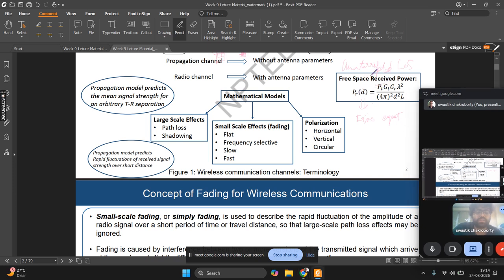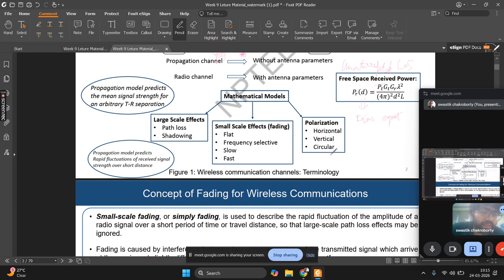PR is your received power, GT and GR are the gains of the antennas. D is the antenna aperture size, the size of the reflecting area of the transmitter and receiver antennas. And L is some constant, like a non-ideality constant or proportionality constant.